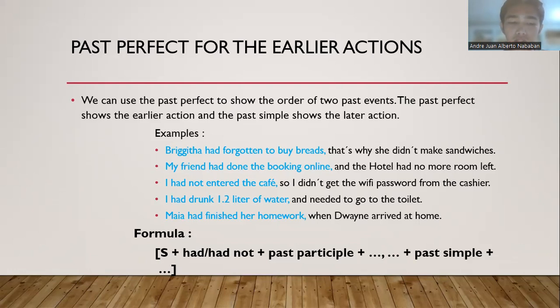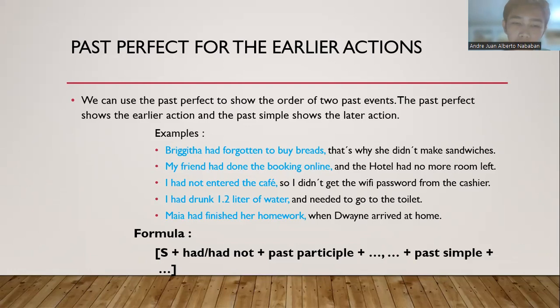It indicates that the sentence is a past perfect tense. And the secondary clause uses the verb needed, which indicates a past simple tense. So the complete sentence is: I had drunk 1.2 liter of water and needed to go to the toilet.